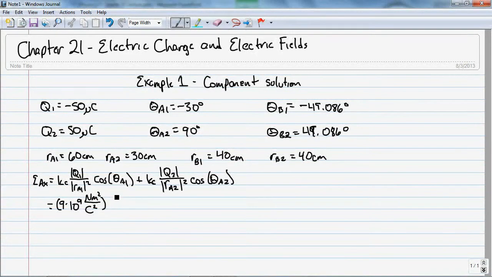I'm going to factor that out. And I get 50 times 10 to the minus 6 coulombs over the distance RA1, so it's going to be 60 centimeters squared. We're going to do that in meters since we're putting everything into base units.